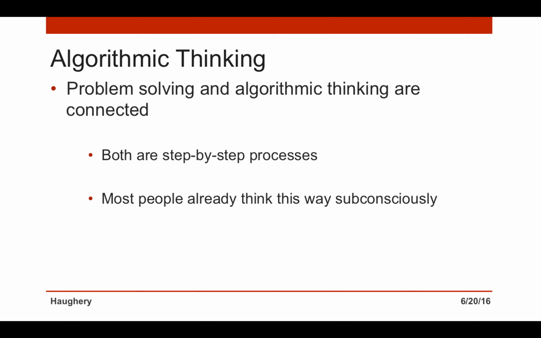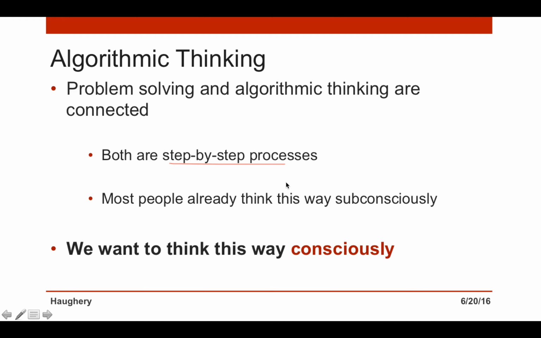Of course, algorithmic thinking and problem solving are very closely tied together. Both are step by step, okay? And both, most people probably use and think this way subconsciously already, but we really want to try to do this consciously.